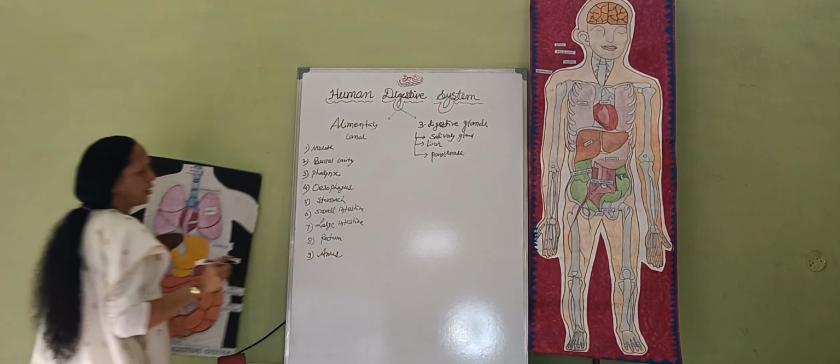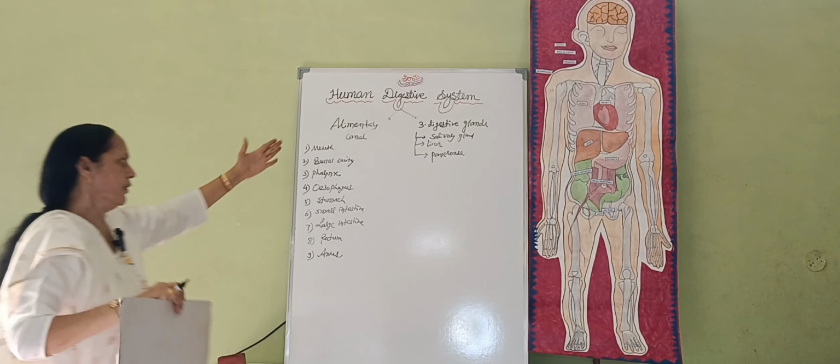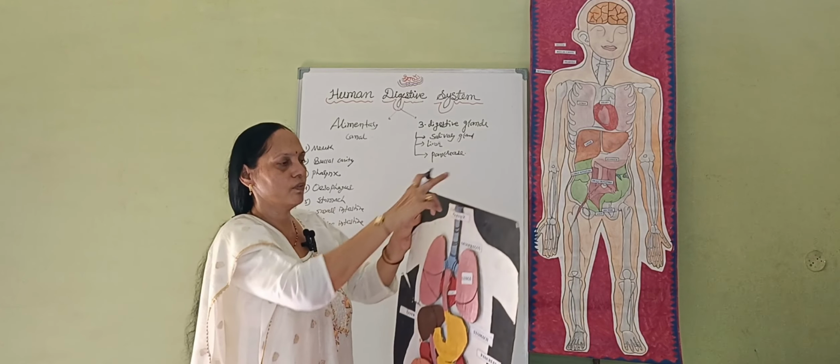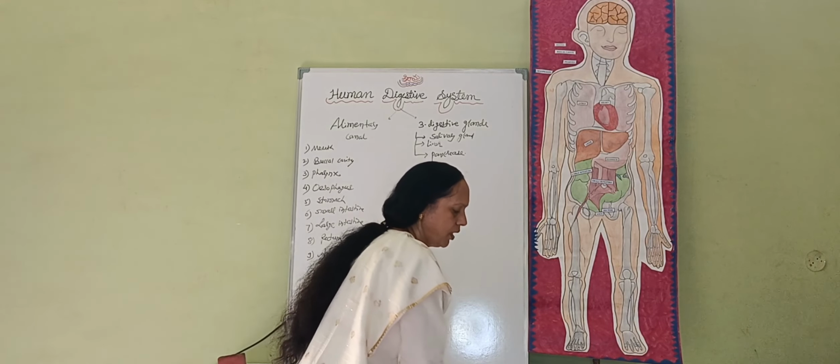So the alimentary canal comprises totally 9 organs. We will study one by one which are those particular organs.